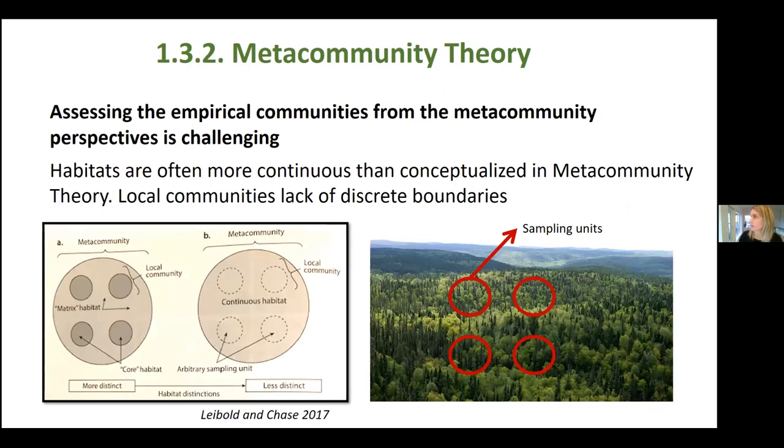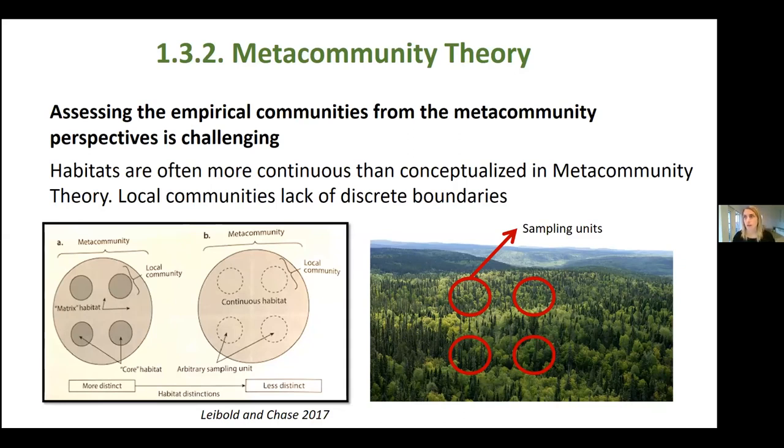However, if we look at empirical studies trying to figure out which paradigm from the meta-community theory the data mostly fits to, it has been proven to be quite difficult to really disentangle the different paradigms from empirical data.